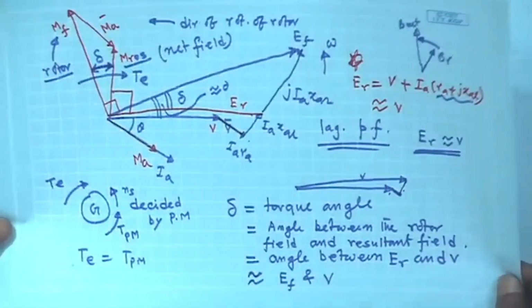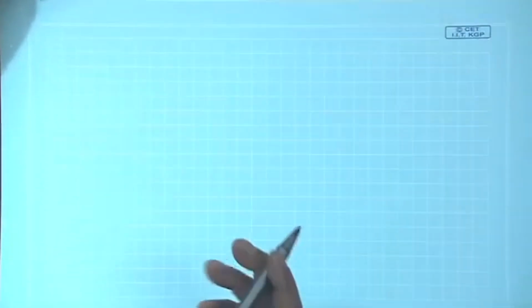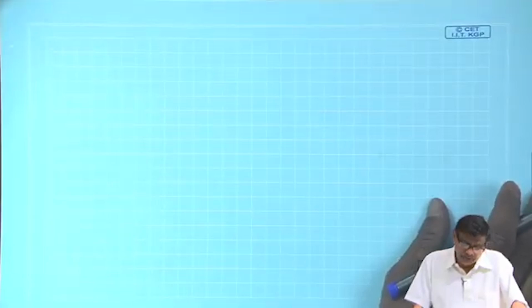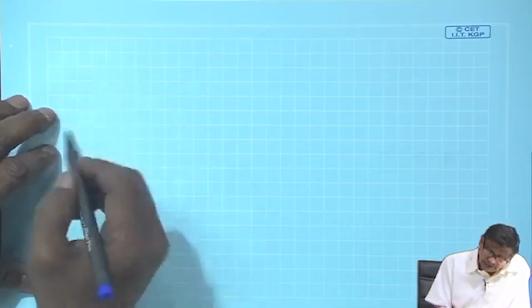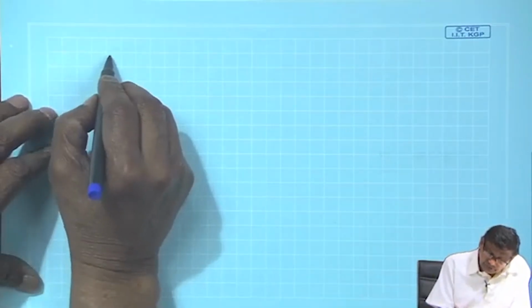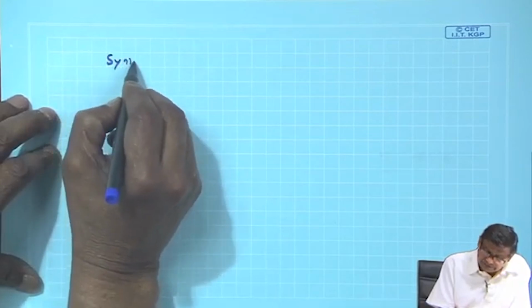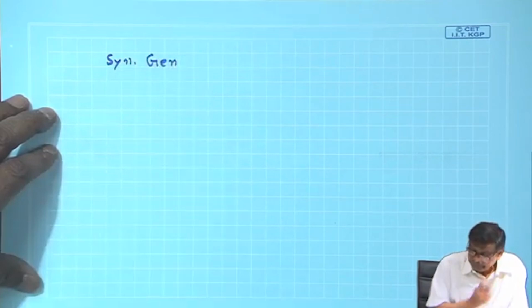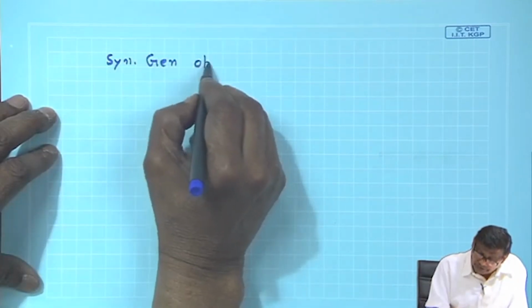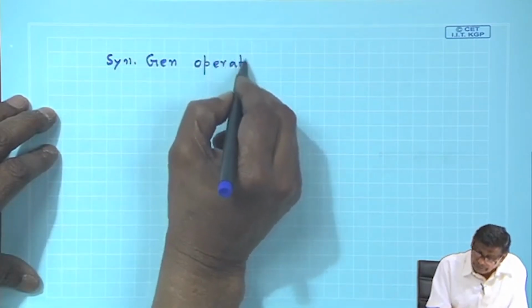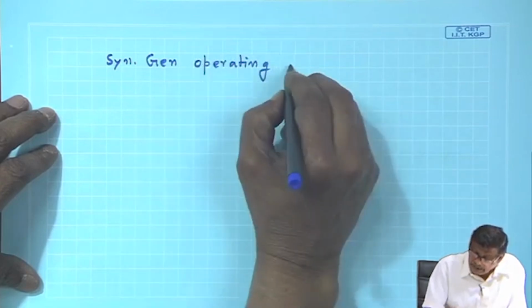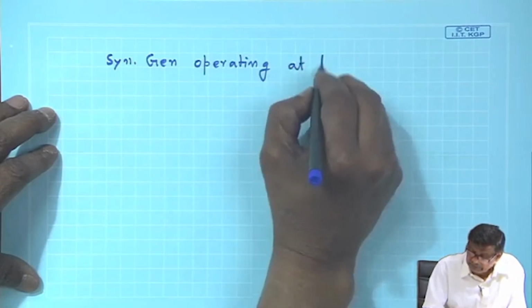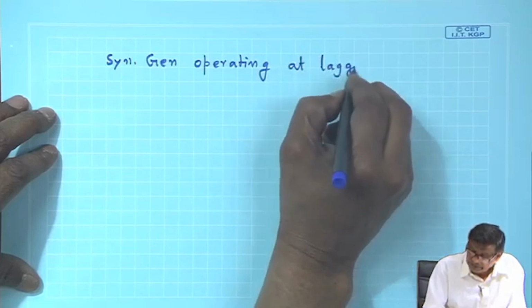Now, we come now to this. Therefore, the next step I will calculate: suppose a synchronous generator operating at lagging power factor.